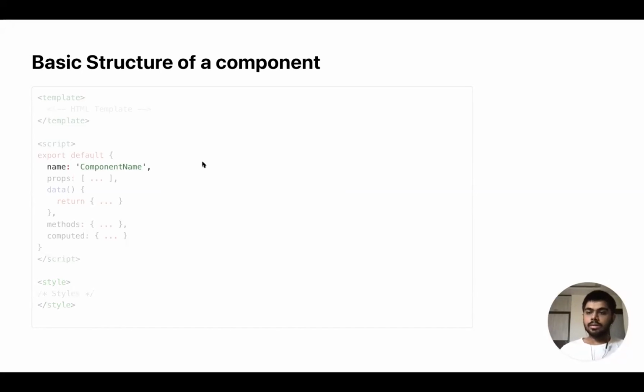If you take a closer look at the script itself, you can provide the name of the component. Props are the data points that are received from its parent. Then we have the data function, which is essentially the data that is retained on its own. That is, it hosts its own data, and the methods that are used to alter the data or do certain things like emit an event, etc. And then computed methods, as the name suggests, are methods that derive the value from the existing data.